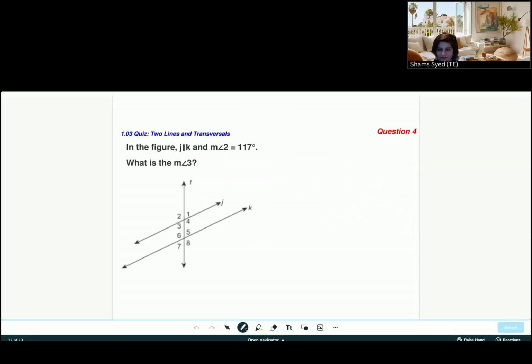Apply the same logic. So in the figure, remember J is parallel to K and angle 2 is 117. I am going to go ahead and mark angle 2. Angle 2 is 117.